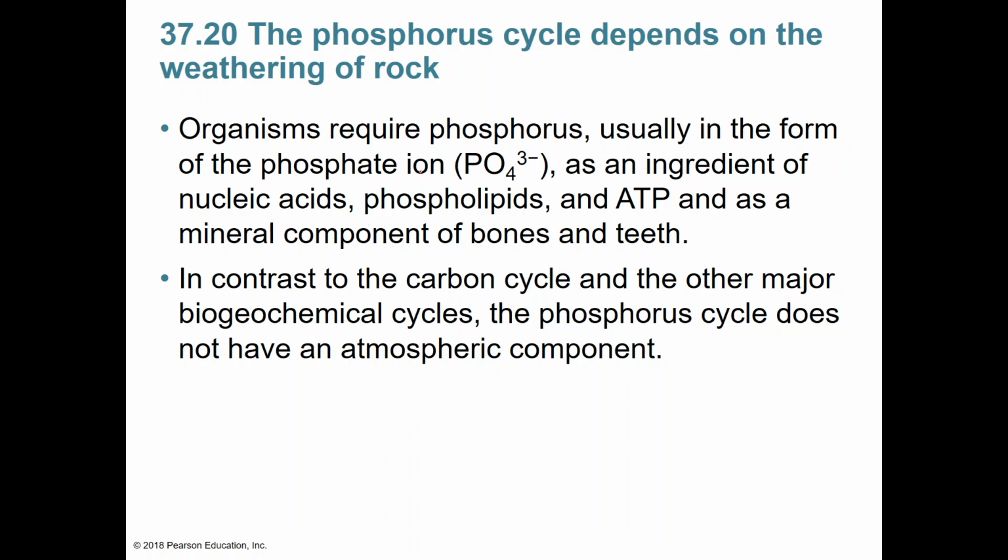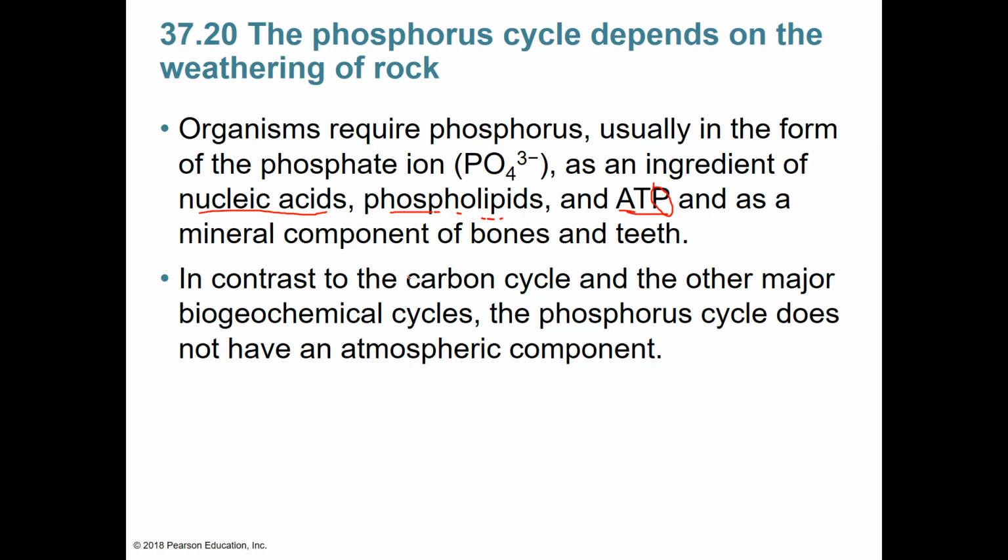So phospholipids make up all of our cells. It's also a main component of our genetic material, our nucleic acids, DNA and RNA. And that molecule that is the currency of doing work in our cells, ATP, has a phosphorus component as well. So phosphorus is really important.